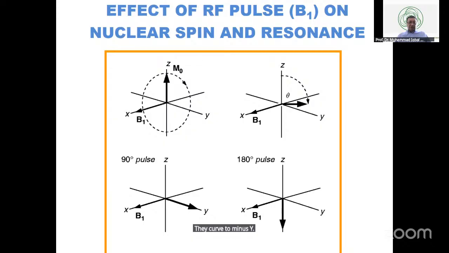If you are giving it from y, they come to minus x. So with this right-hand thumb rule, the thumb represents the direction of the radio frequency magnetic field, the fingers represent M naught, and you turn like this. You don't do that with the left hand, you do it only with the right hand. So if it is from the x, they will come to y.